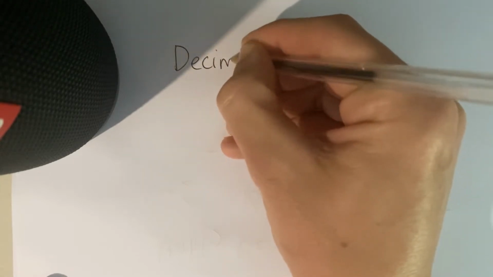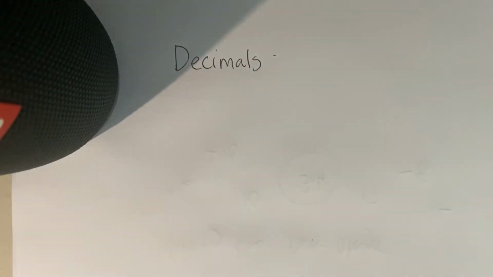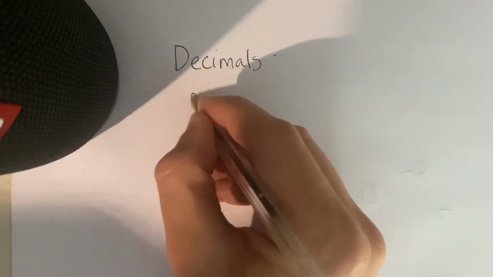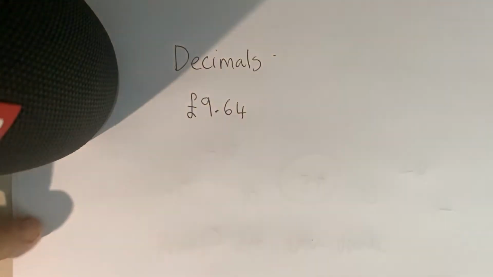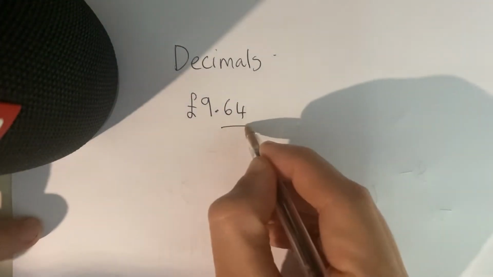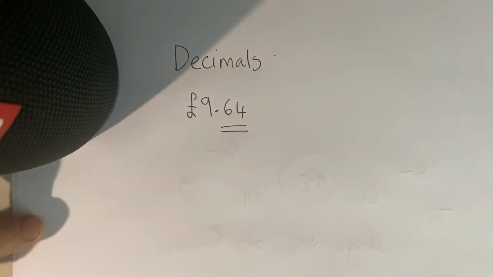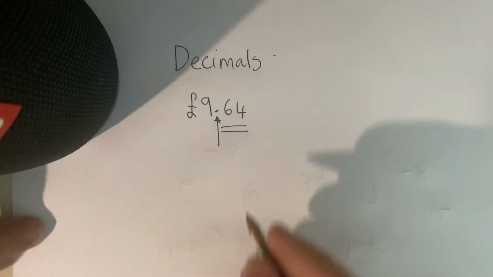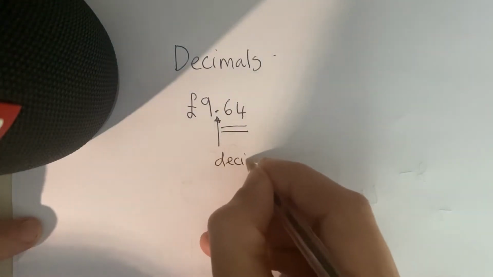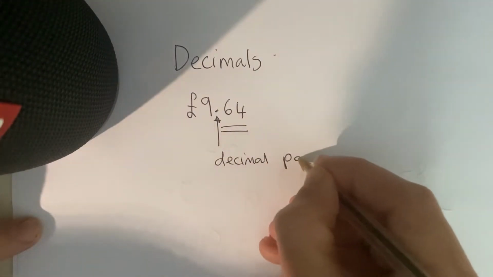The second one is we're going to look at decimals. You'll be familiar with decimals from when we think about things in pounds and pence. For example, if I said something was £9.64, the 64 part is the decimal, after this thing here, which we call the decimal point.